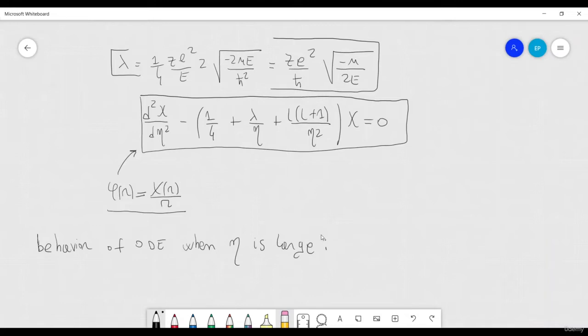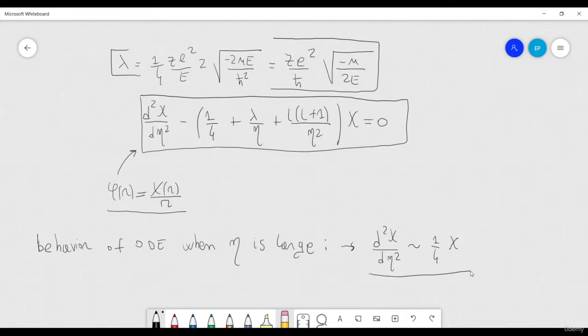Well, if we now try to analyze the behavior when eta is very large, the second derivative of chi with respect to eta will be of the order of 1 over 4 times chi, because these terms here will be negligible with respect to 1 over 4 when eta is very large.